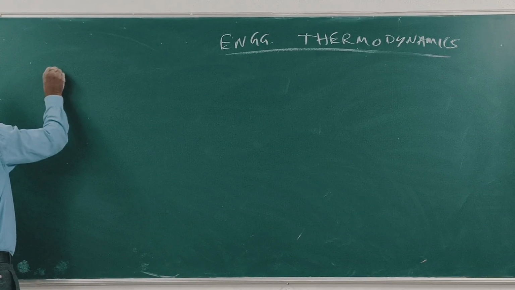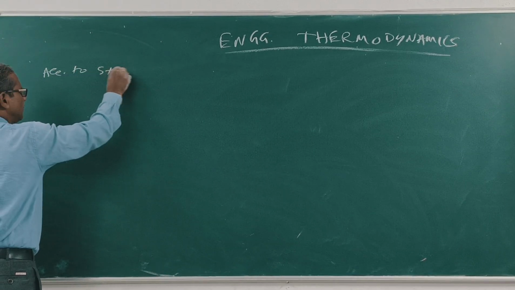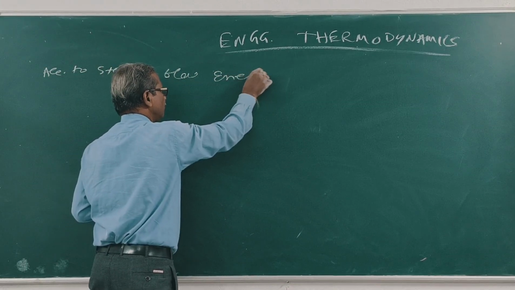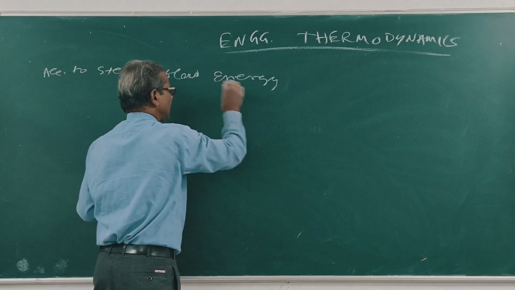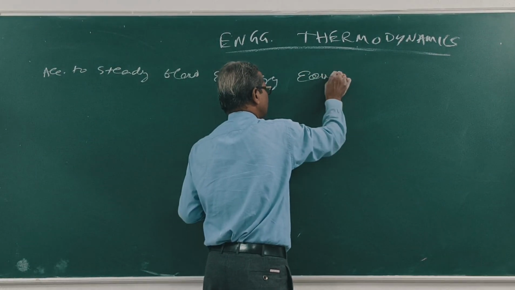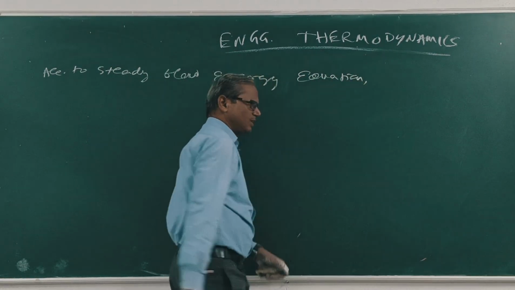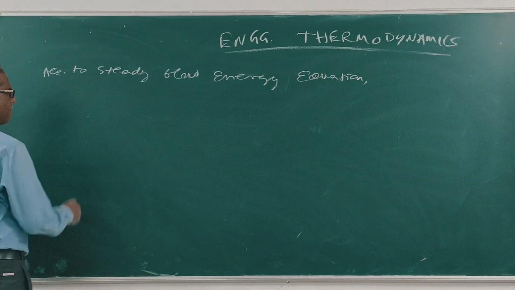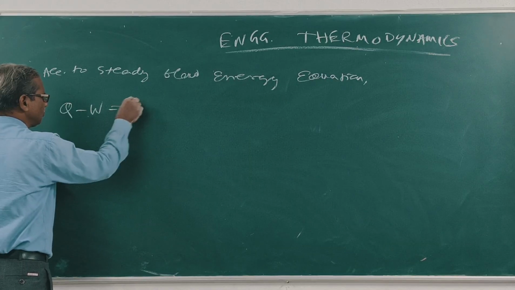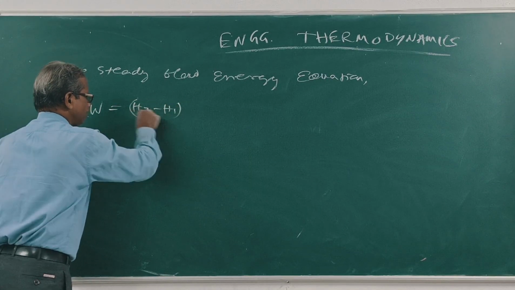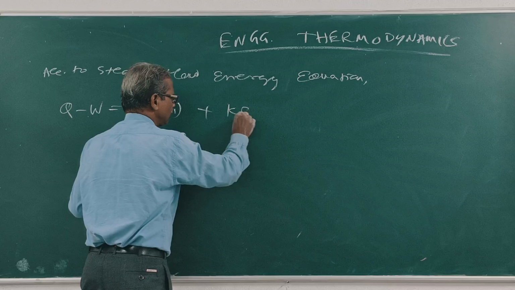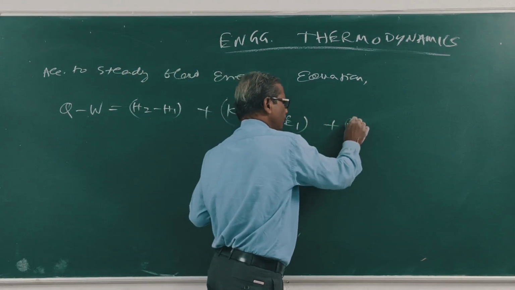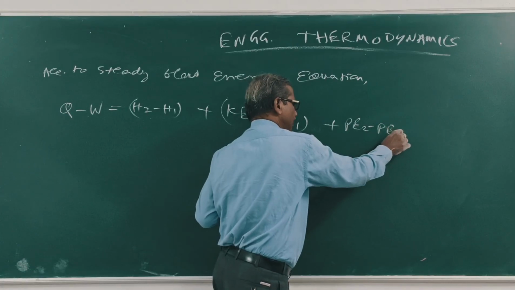According to the steady flow energy equation, Q minus W is equal to H2 minus H1 plus K2 minus K1 plus P2 minus P1.